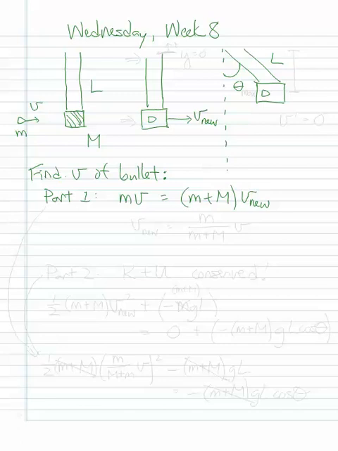So that means that v new is m over the total mass times v. Okay, now that we have v new, now part 2 is conservation of energy, conservation of kinetic plus gravitational potential.